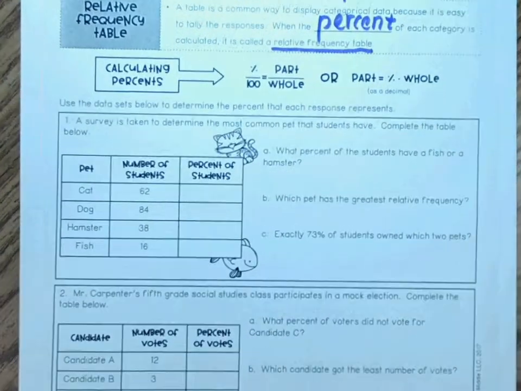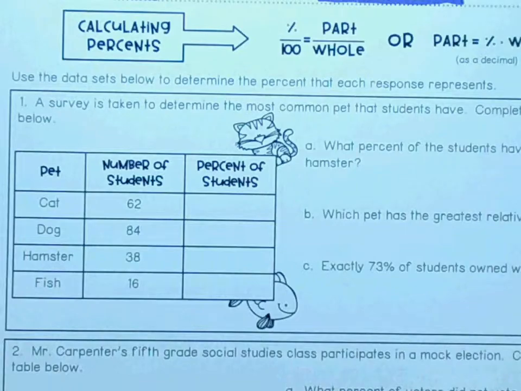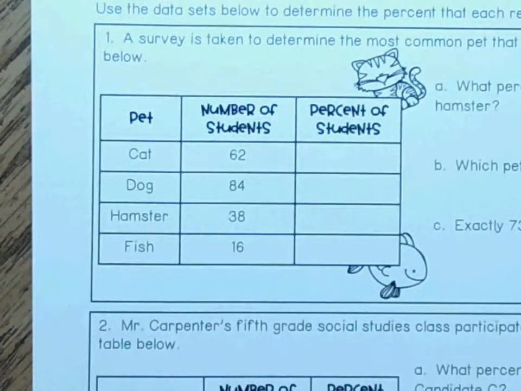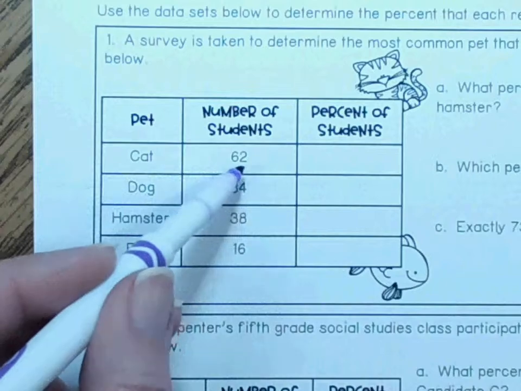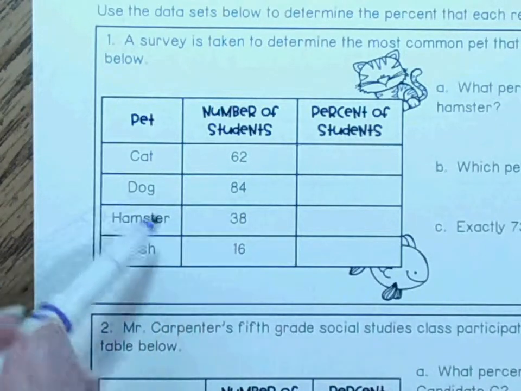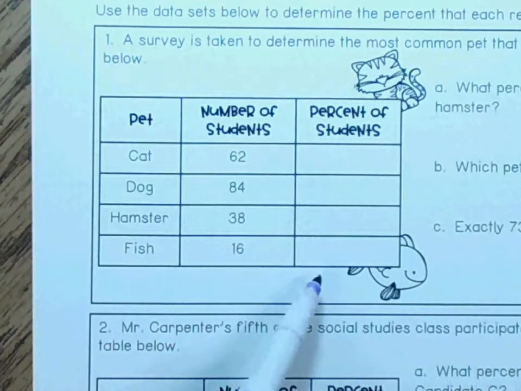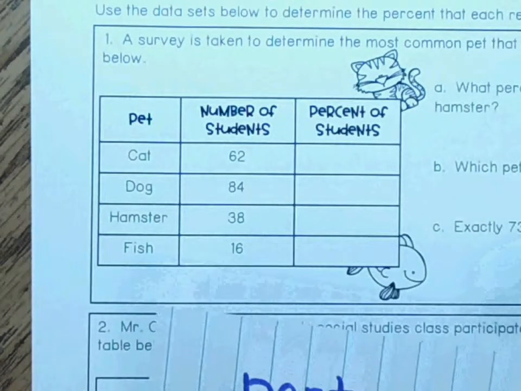Number one was a survey of the most common pet that students have. So let's look at the pet table here. You see that 62 students had a cat, 84 had a dog, 38 had a hamster, 16 had fish. So we're going to figure out the percent for each one of those. We're going to do them together.